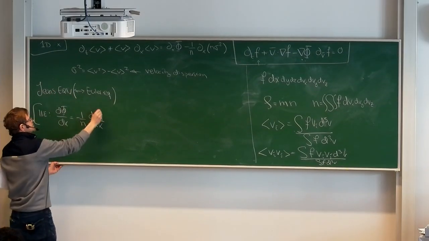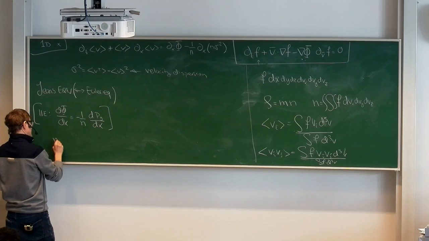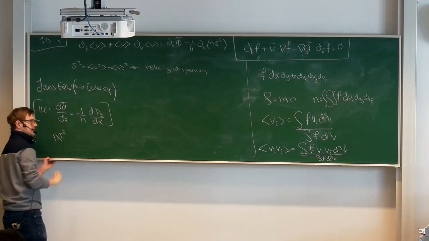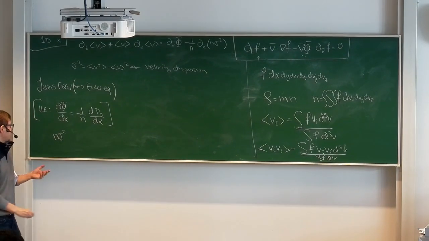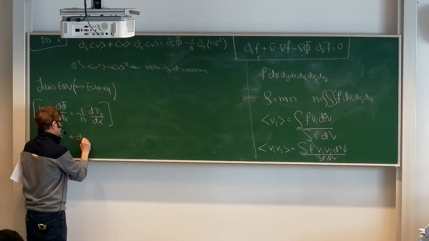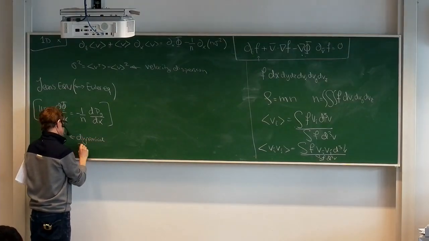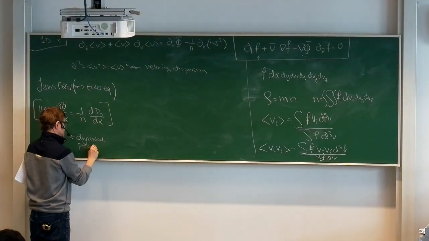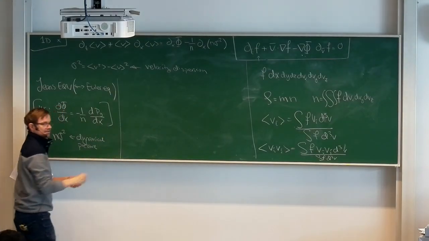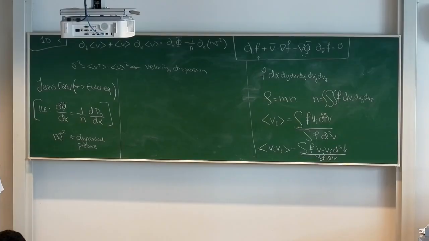So in this case, we can see that this term, n sigma squared, acts as a dynamical pressure in the collisionless Boltzmann equation.